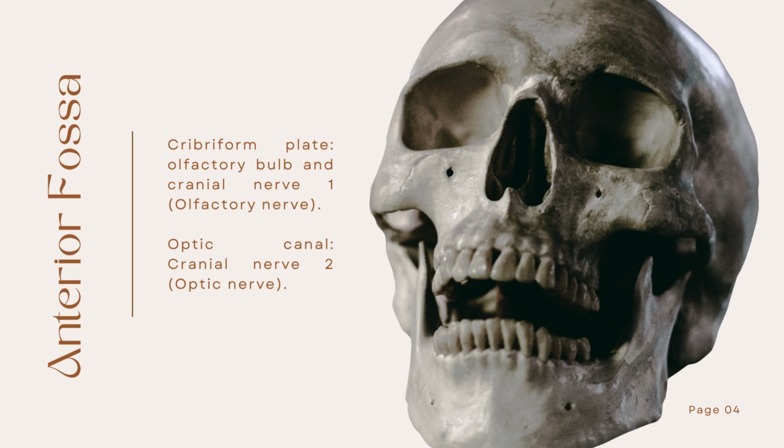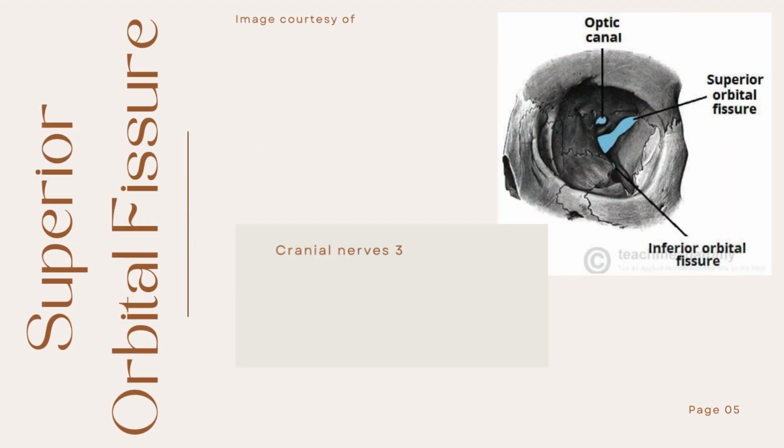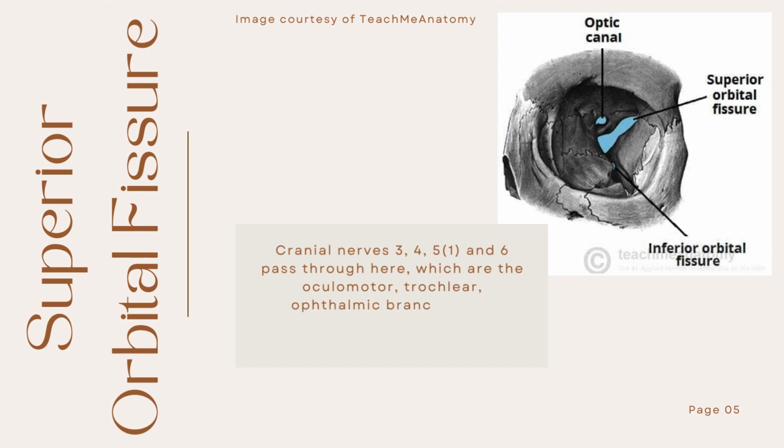In the anterior cranial fossa, there's also the superior orbital fissure, which technically is at the border of the anterior and middle cranial fossa, but I would say it's in both. It's somewhere in the middle. So the superior orbital fissure is very important. It's where cranial nerves 3, 4, parts of 5, and 6 exit the skull.